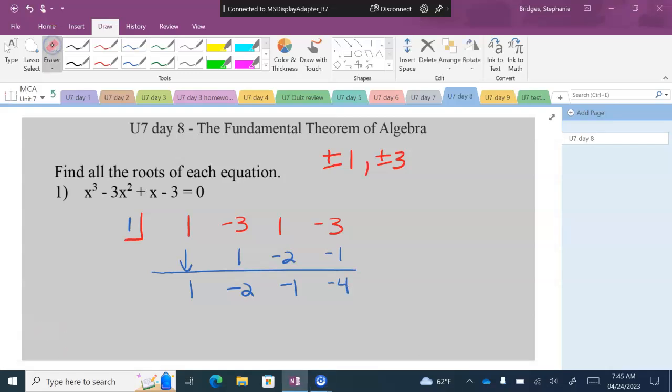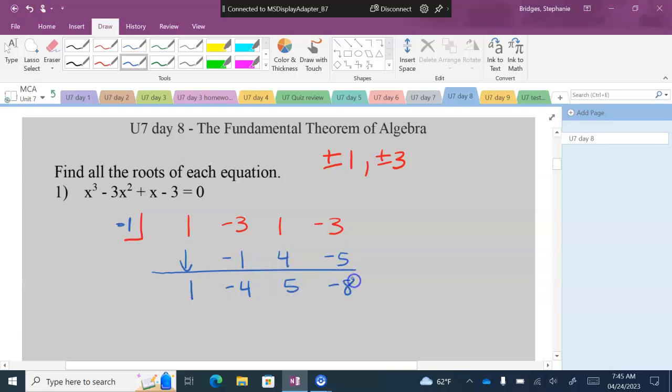You can set it up again. Like I said, sometimes these take up a lot of space, especially if you have to try multiple answers. But we're going to try negative 1. Bring down the first term. We multiply. We add. That's not what that is. Try that again. We multiply. We add.